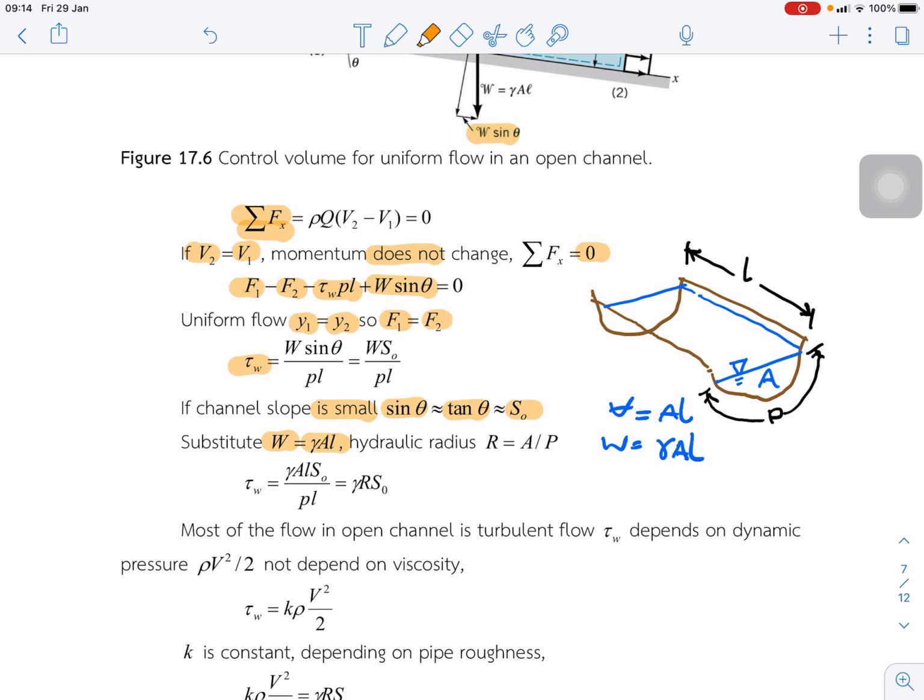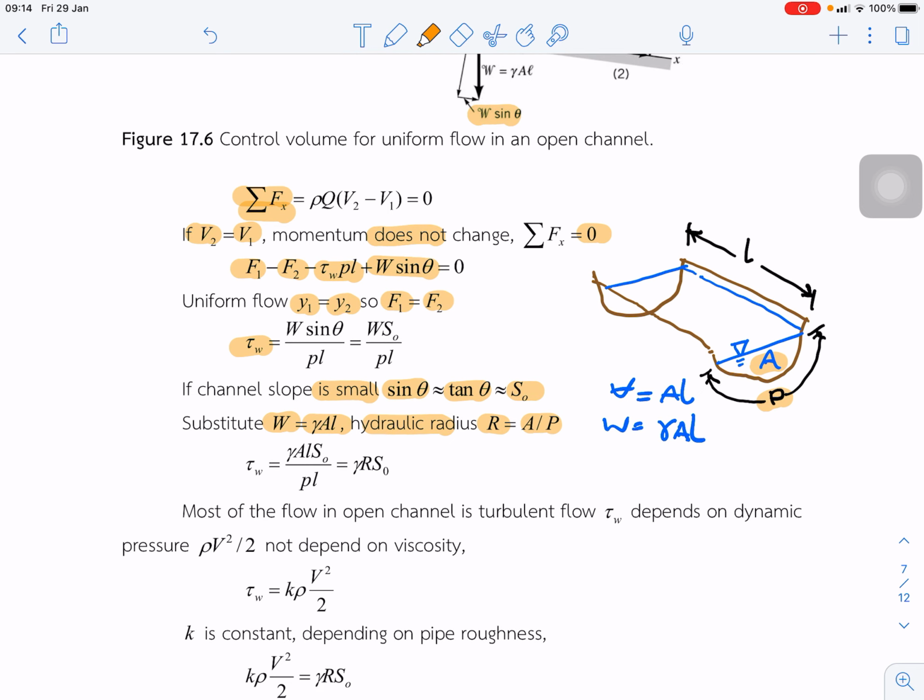And for the hydraulic radius, A over P, that is one more parameter, where A is area and P is wetted perimeter. The ratio of A and P is called the hydraulic radius. And so we got this equation. The shear stress is gamma R S.